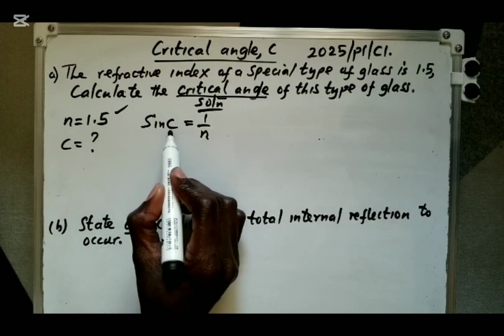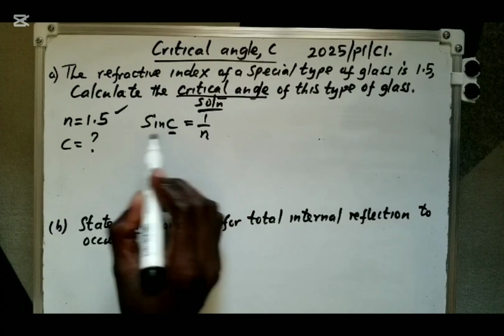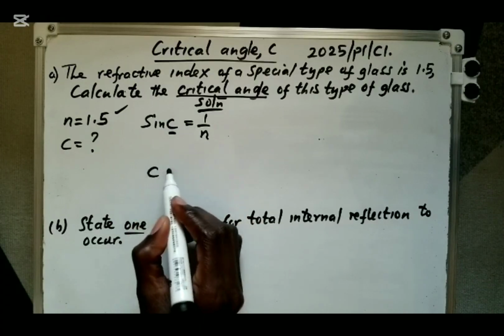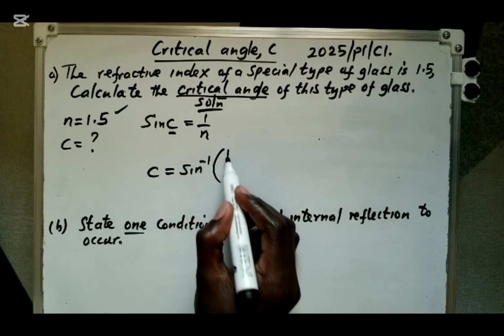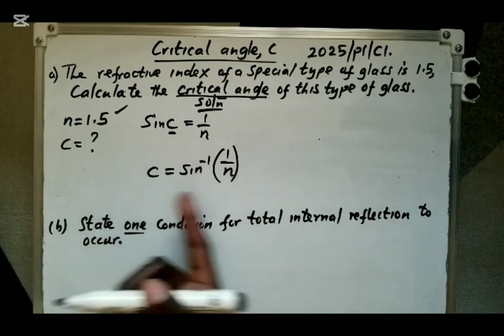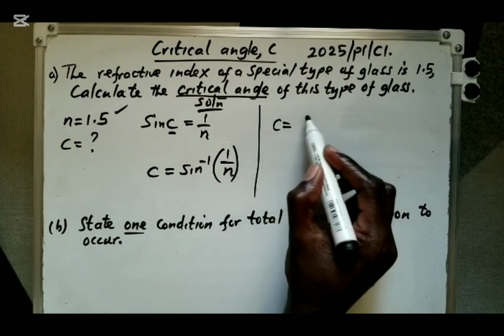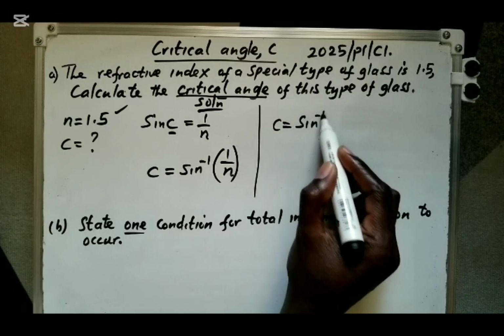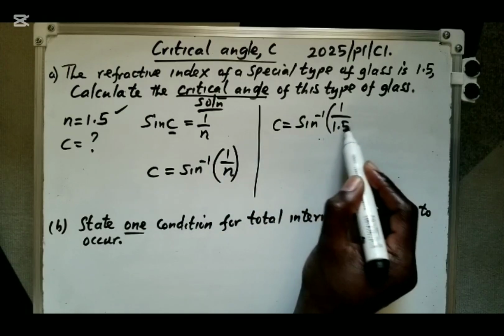Now the idea is that you want to find C, so you can make C the subject of the formula by dividing by sine, but dividing by sine gives us just sine inverse of 1 over the refractive index. So if you want, you can go direct and just use this one. So the critical angle will be sine inverse of 1 over the refractive index, which is 1.5.